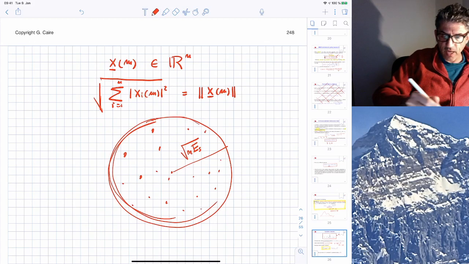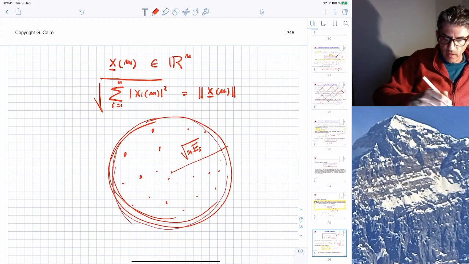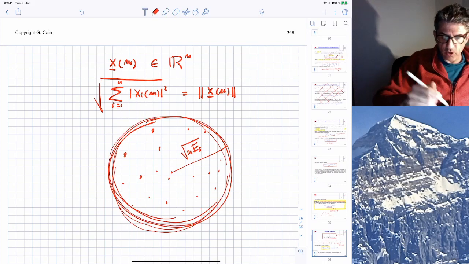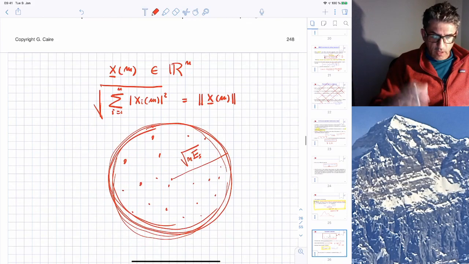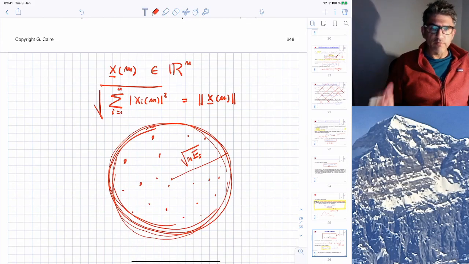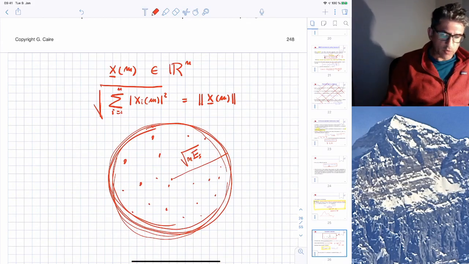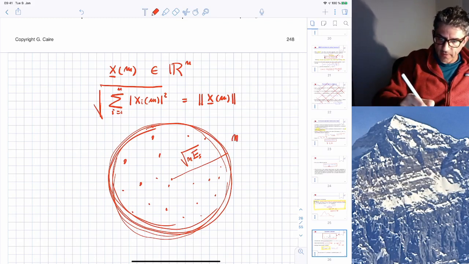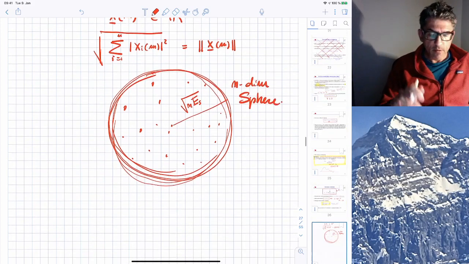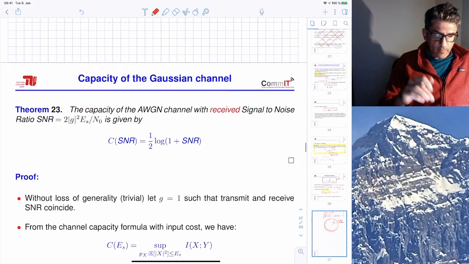They cannot be outside because otherwise the average energy per symbol constraint is violated. So this is the geometric picture of code books for the Gaussian channel. This is an n-dimensional sphere.